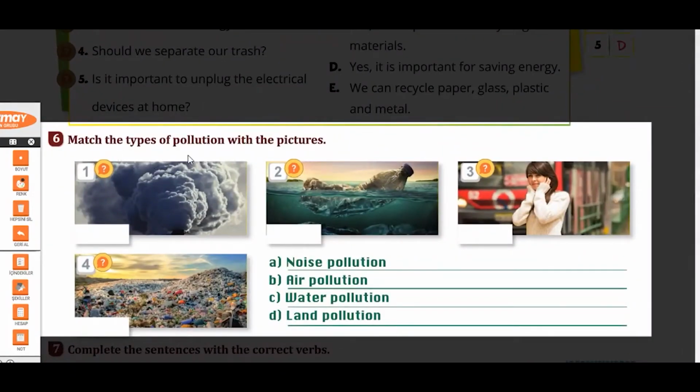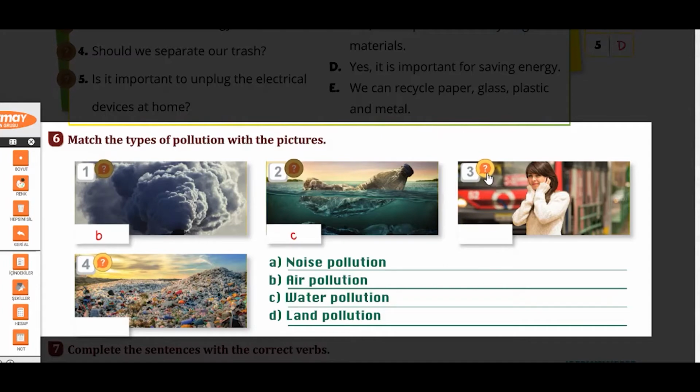Match the types of pollution with the pictures. We have noise pollution, air pollution, water pollution, and land pollution. Which one is this? Of course, it's air pollution. B. Number 2, it's water pollution.